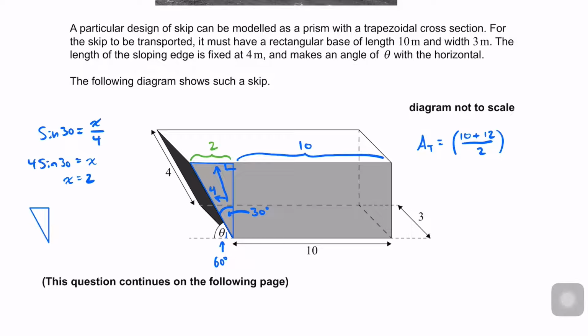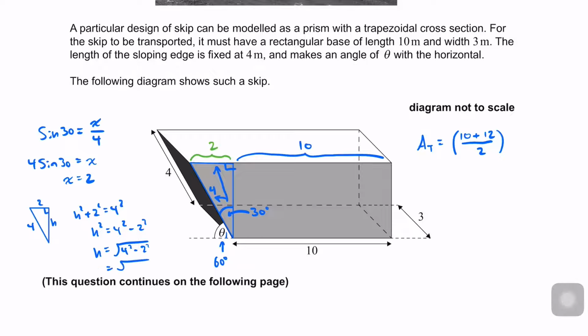So here again, we've got 4, we've got 2, this is h squared plus 2 squared is equal to 4 squared. H squared is equal to 4 squared, whoops, so I did this a little quickly, minus 2 squared. 4 squared minus 2 squared.